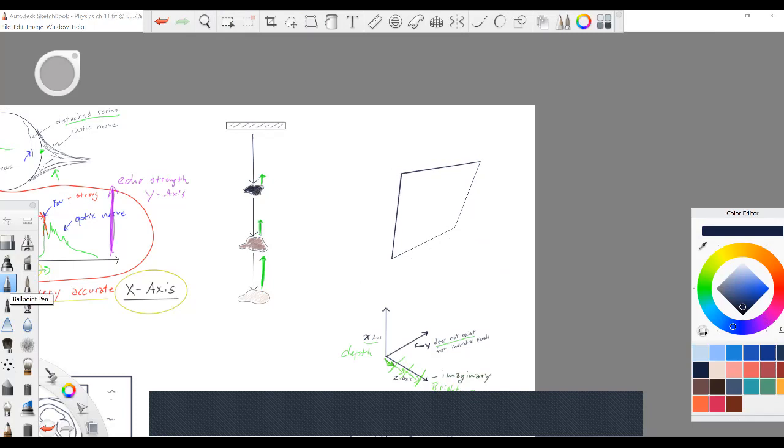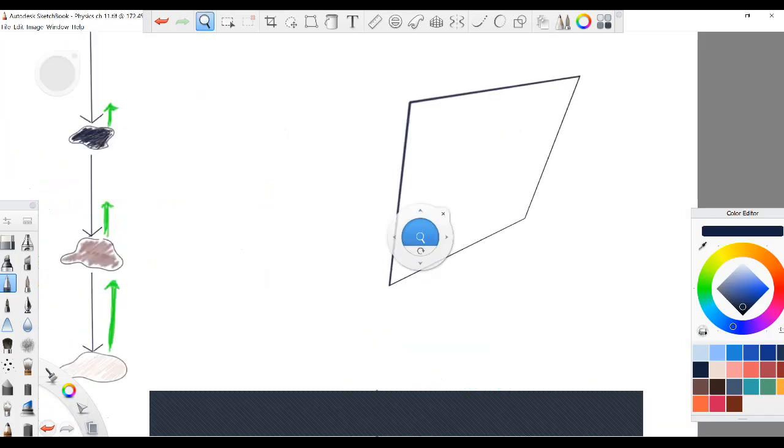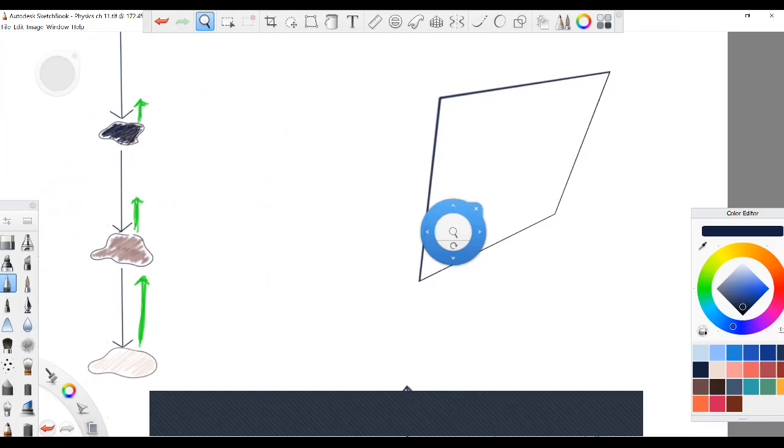Well, let's draw these three. Here's our screen. Here's our first object.